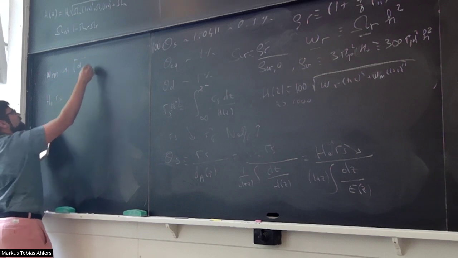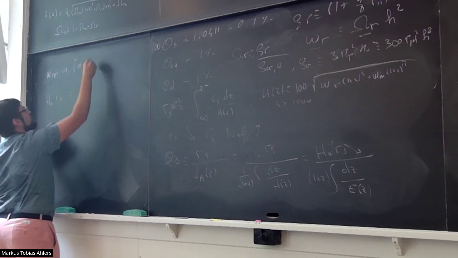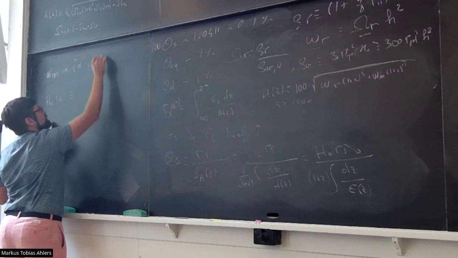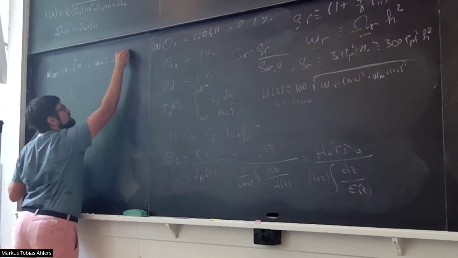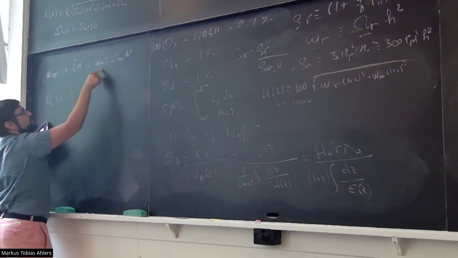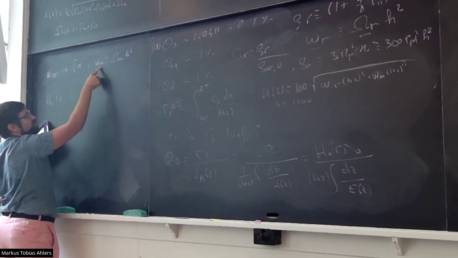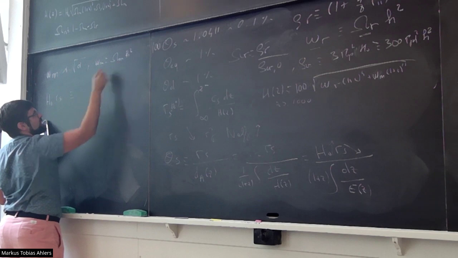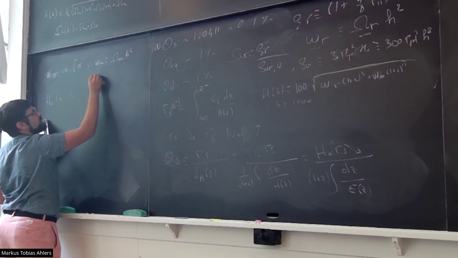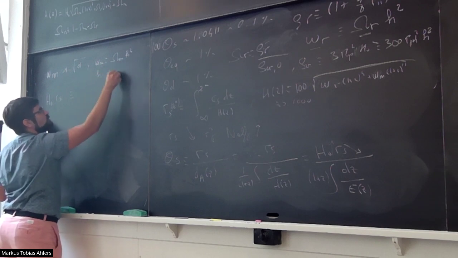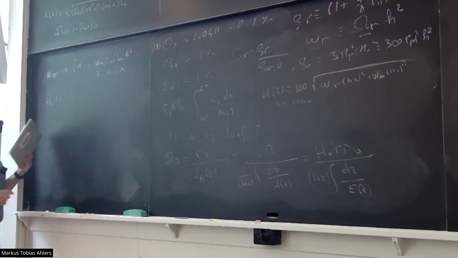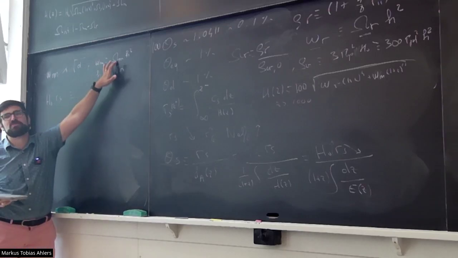But omega matter is equal to big capital omega m times h squared. So if I boost this by square root of alpha, and I don't want to mess up that quantity, it means that h has to be proportional to square root of alpha, such that this stays the same.